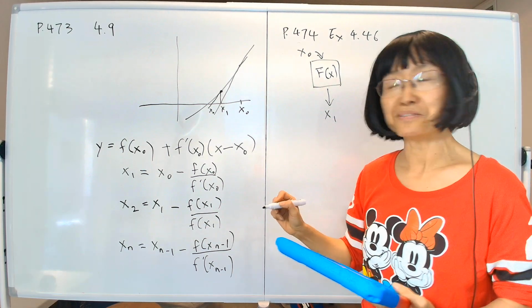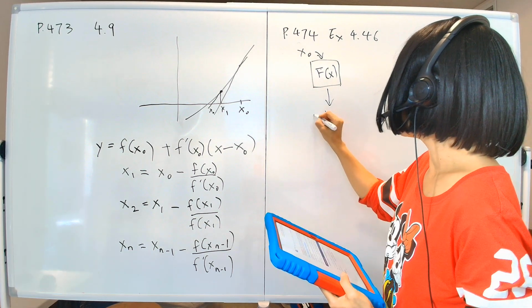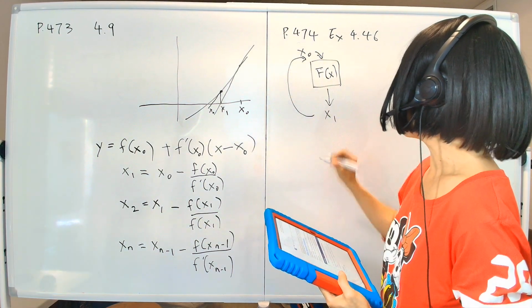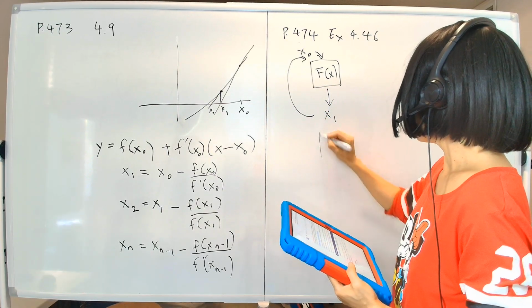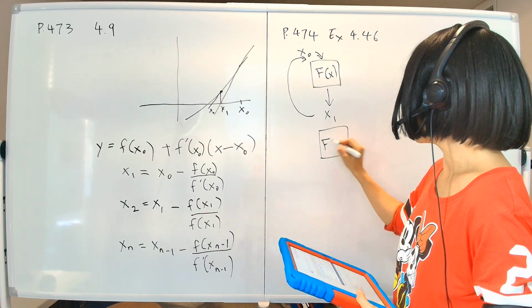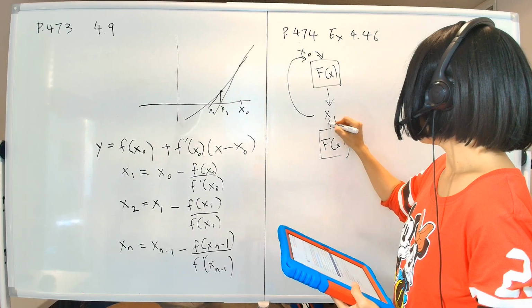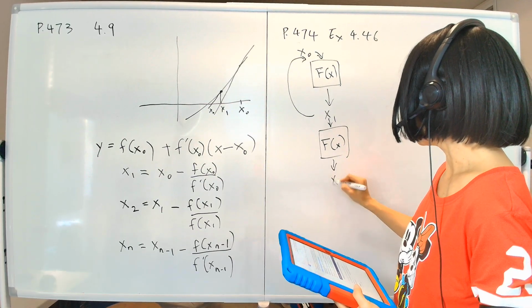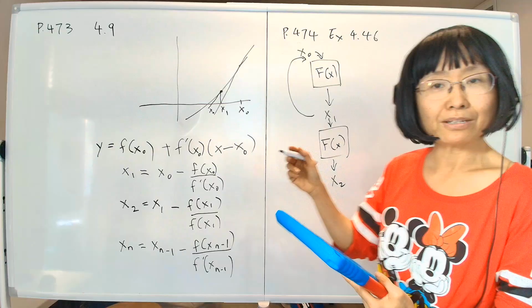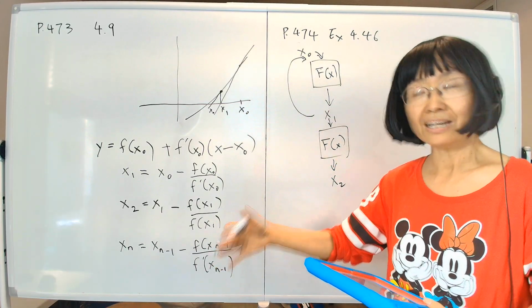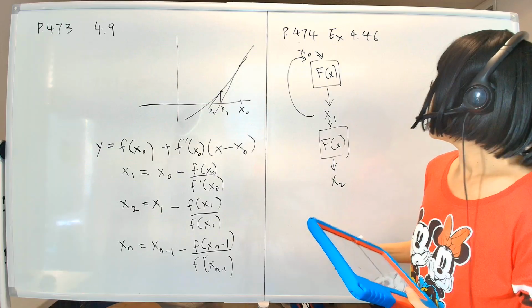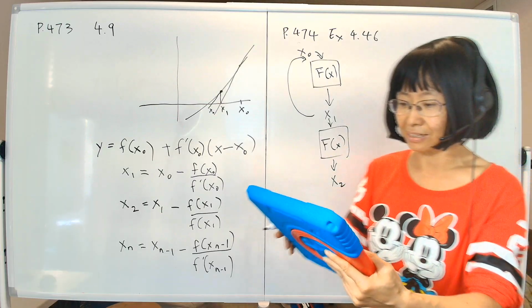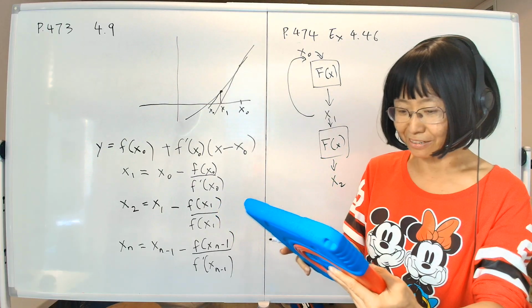Let's call it x1. Then they want you to stick x1 in again, into the same function, and out comes x2. So you keep cranking. That is, you keep putting the result into the function itself, so that you come up with more and more stuff. And that's what we call the iterative process.